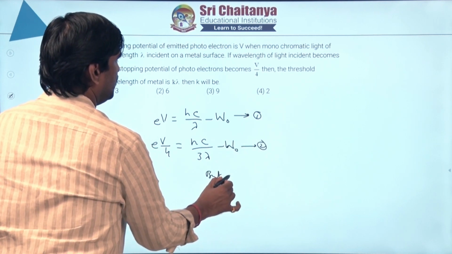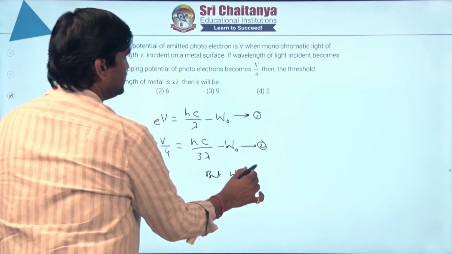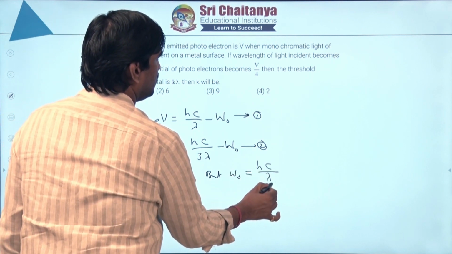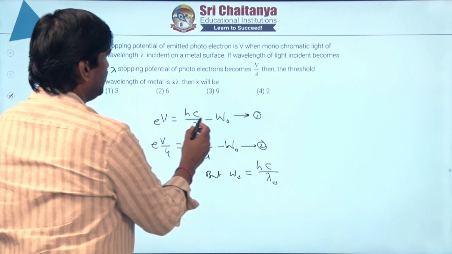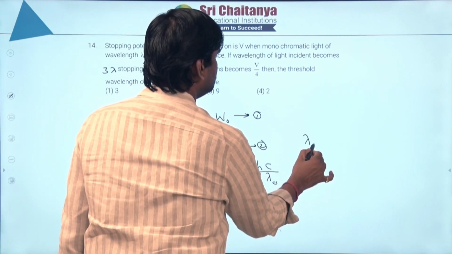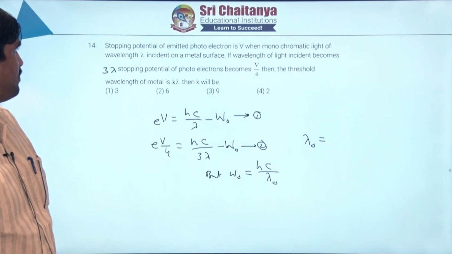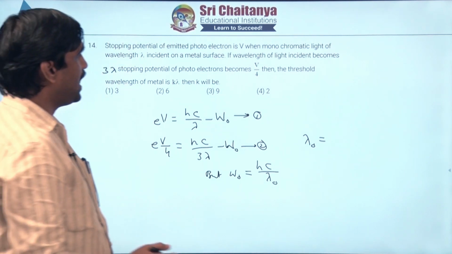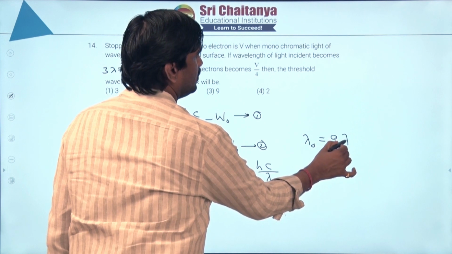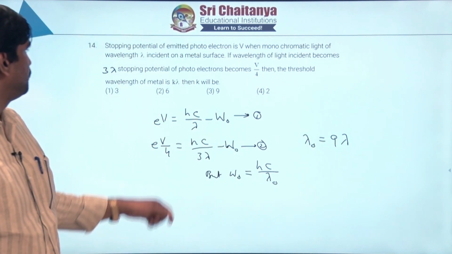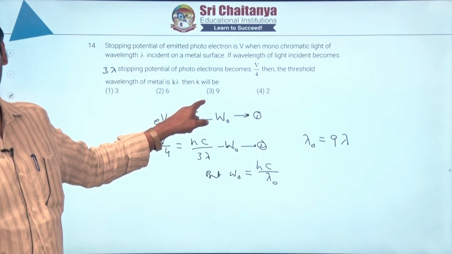But W naught is equal to hc by lambda naught. Now by calculating, you will get lambda naught is equal to 9 lambda. Therefore, the third option is the correct answer.